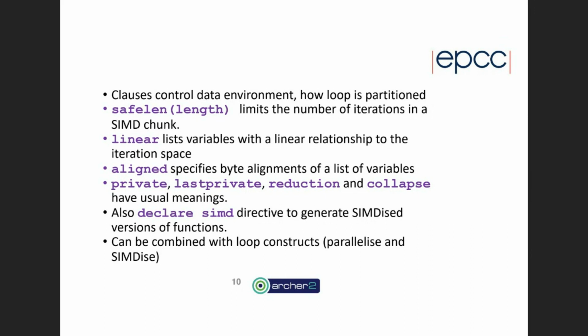Provided the functions have the appropriate type signature and are side effect free, then it'll encourage the compiler to generate vectorized versions of functions. And then you can also combine the SIMD directives with the OpenMP loop constructs, if you want to both parallelize the loop across threads and vectorize it within every thread.